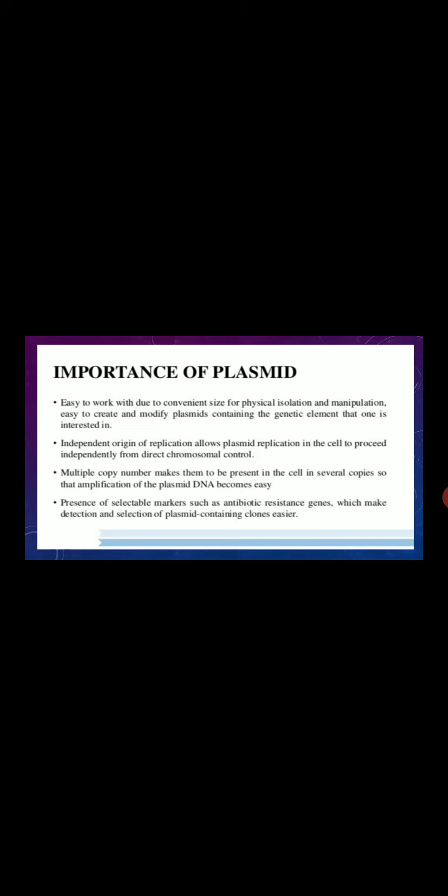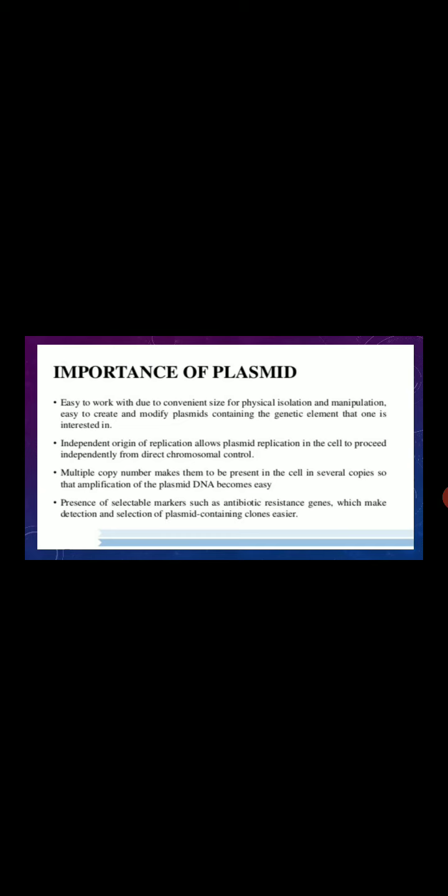Plasmid is important for recombinant DNA experiments: it is easy to work with due to its convenient size for physical isolation and manipulation, and easy to create and modify plasmids containing the genetic element that one is interested in. Independent origin of replication allows plasmid replication in the cell to proceed independently from direct chromosomal control.